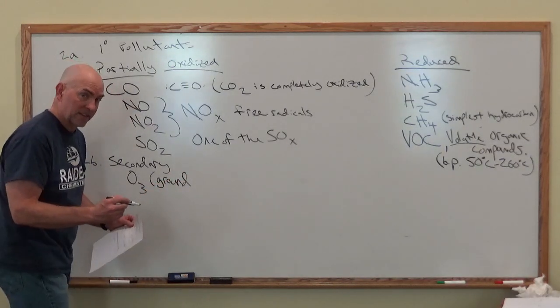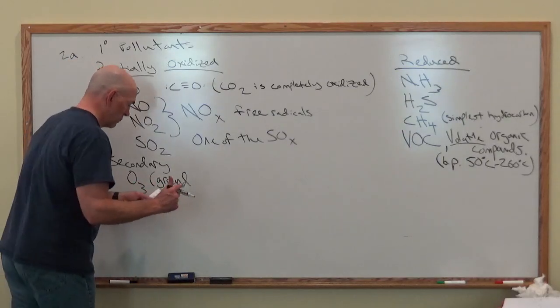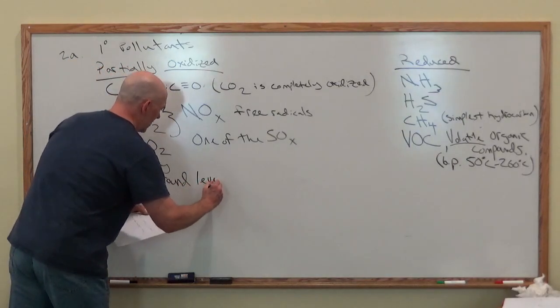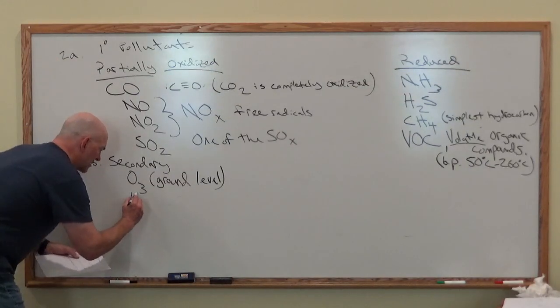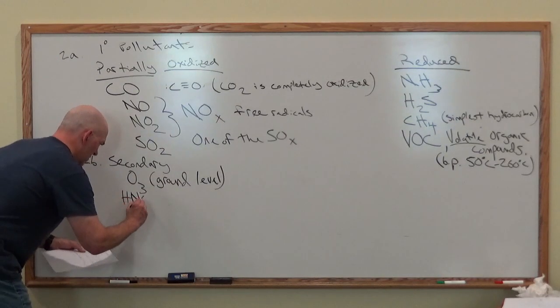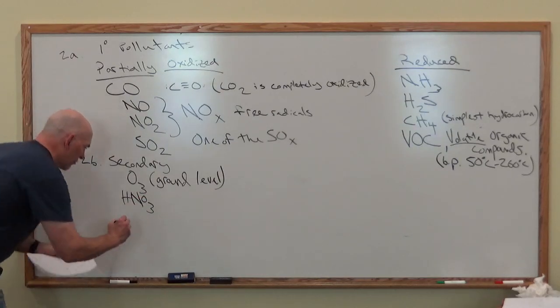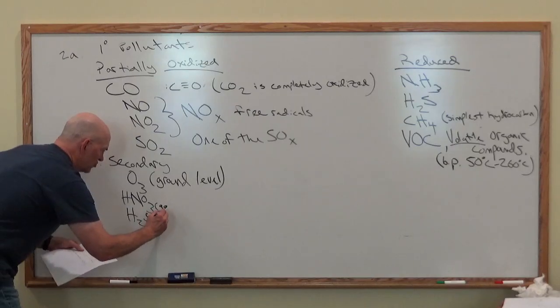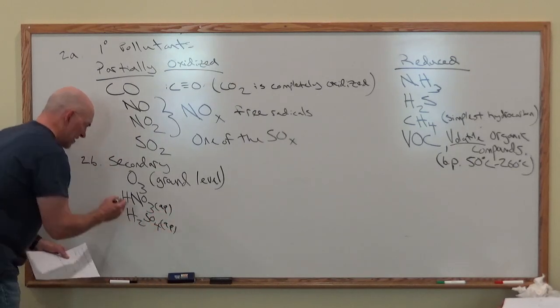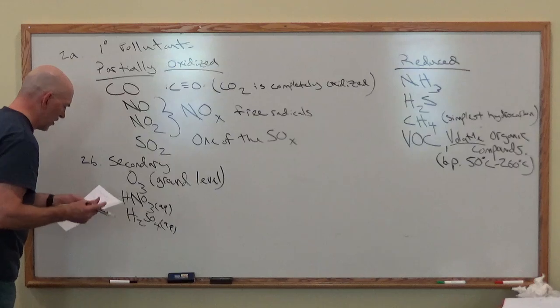It most certainly is a pollutant in the lower levels of the troposphere. So we call that ground level ozone. Other things that are secondary, HNO3, H2SO4, which you might remember from general chemistry. That's nitric acid and sulfuric acid.